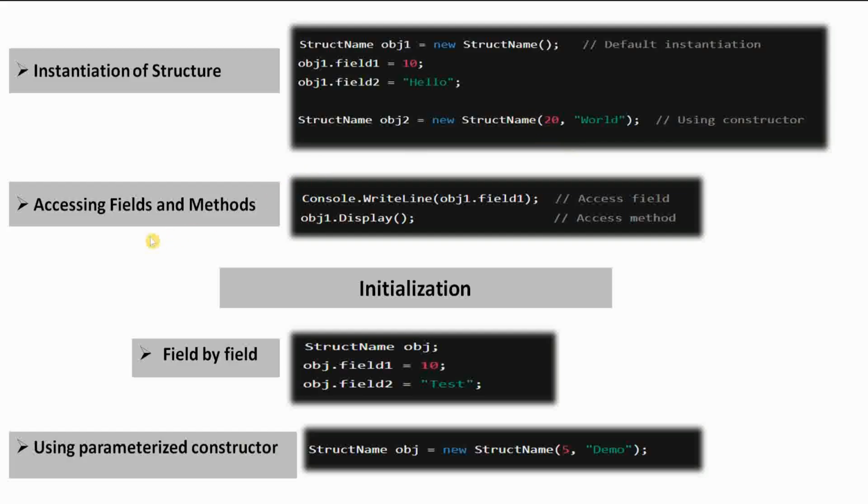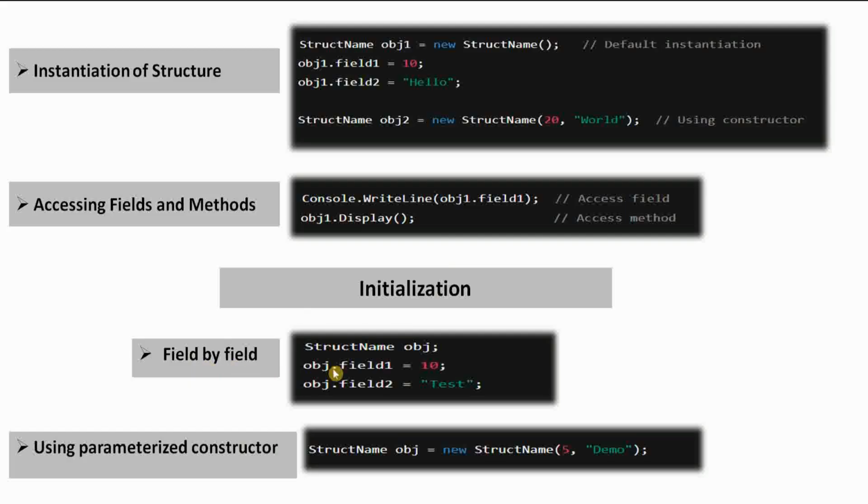Next we have accessing fields and methods. If we want to access our fields or methods, we can access them in this way. First we use the structure object name which we created, then the field name. If we want to call our methods, we call the method name with parentheses. Next we have initialization. How to initialize it?